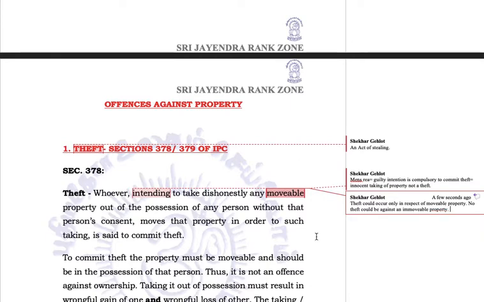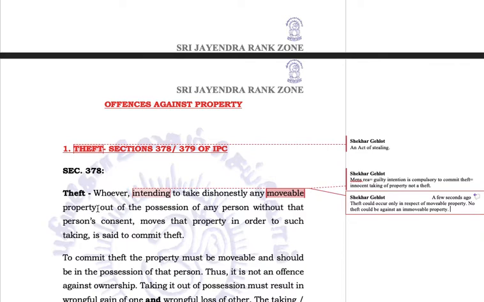Theft can only be of a movable property. Now how is theft defined in the law? Whoever intending to take dishonestly any movable property out of the possession of any person without that person's consent.